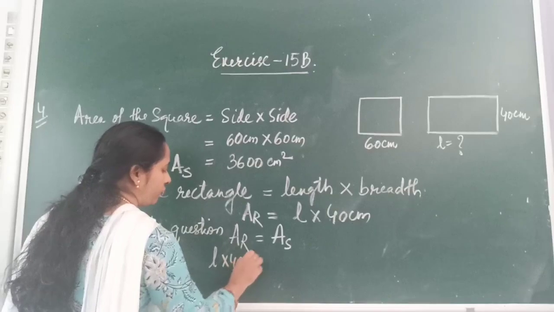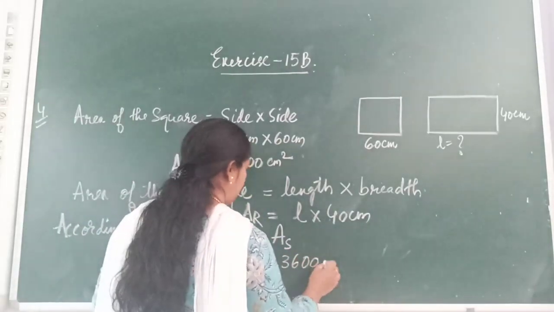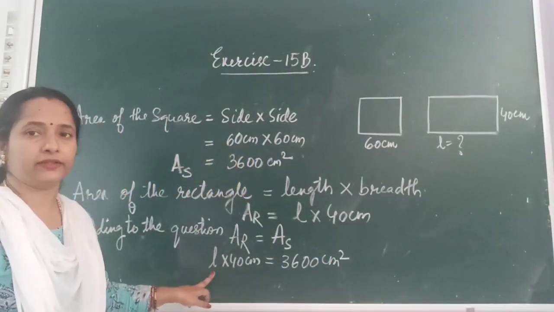Length multiplied by 40 centimeter, and the area of the square is 3600 centimeter square.